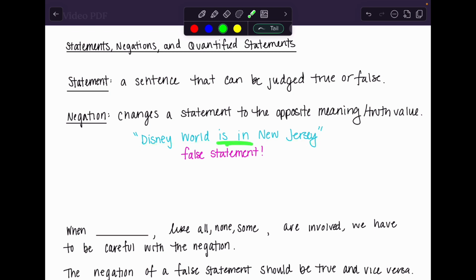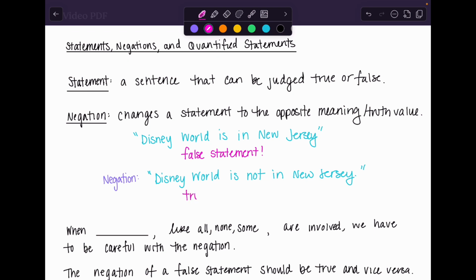So instead of saying it is in New Jersey, the negation would be it is not in New Jersey. So our correct negation would be the sentence and statement, Disney World is not in New Jersey. So we've taken that statement that was false, and now this is true.